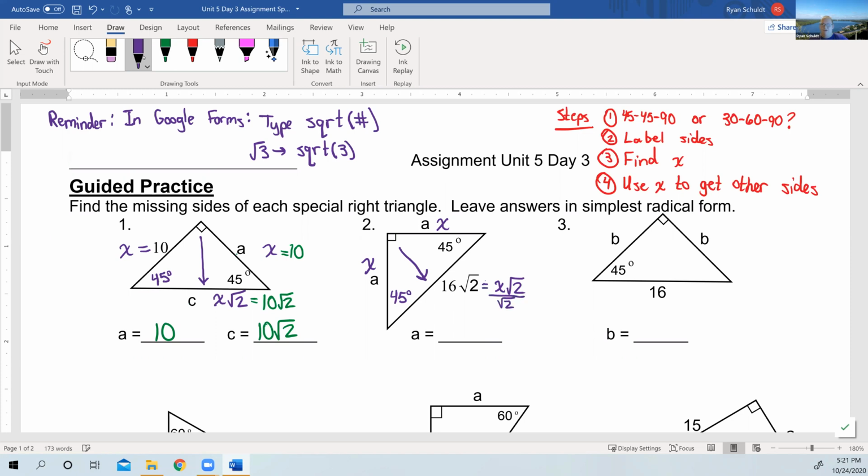Divide both sides by the square root of 2. Goodbye. X equals 16. So I go around my triangle and fill in 16 for x. So 16 is x. 16 is x. So what's A equal to? A equals 16.